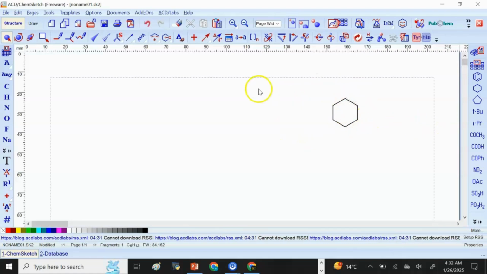The next thing you're going to do is attach an OH to this cyclohexane. You're going to click on this carbon one time so that it doesn't bring out other bonds with carbons as well.